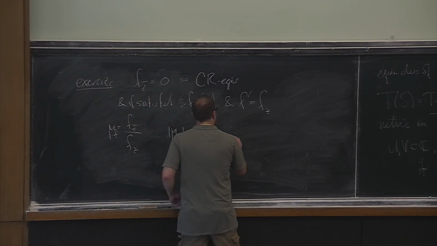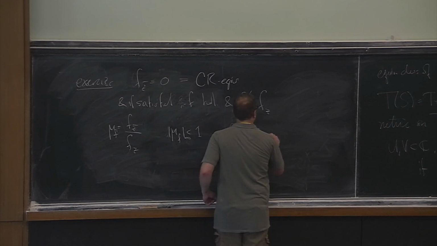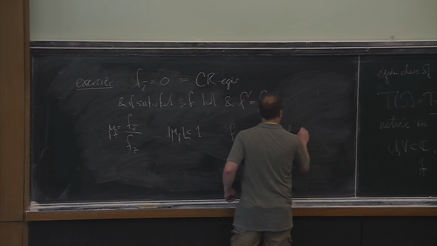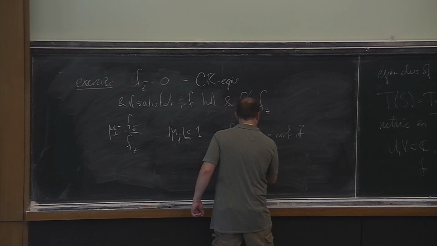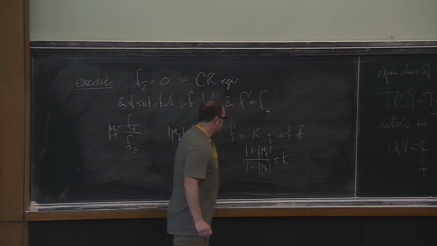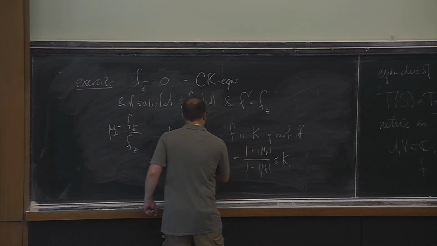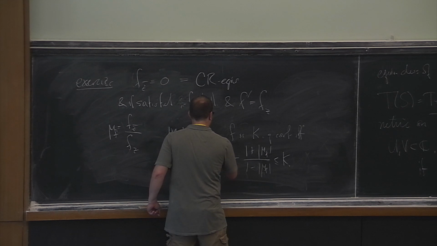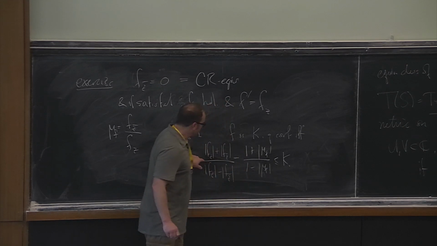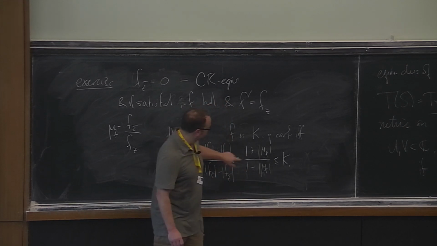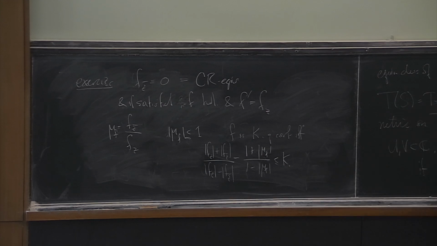In fact, f is k quasi-conformal if and only if (1 plus mu f) over (1 minus mu f) is less than or equal to k. This quantity can also be written as (f z plus f z bar) over (f z minus f z bar).